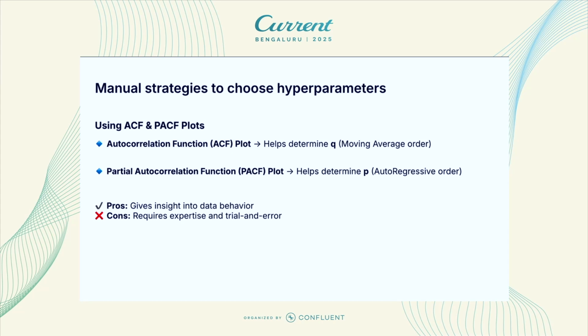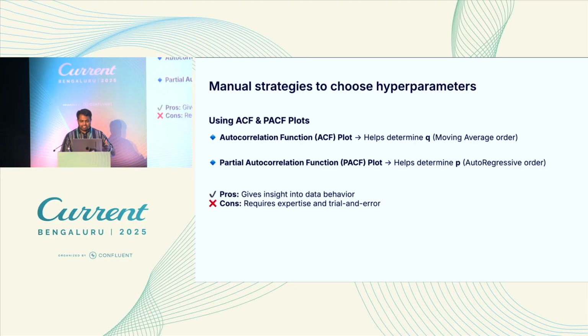If someone really understands the data well, they can use ACF, which is the autocorrelation function, and PACF, which stands for partial autocorrelation function, to understand how past values in a time series influence the present. The autocorrelation function measures how strongly the current value is related to its past values at different time steps, or different lags. The ACF plot helps us decide Q, which is the moving average order.